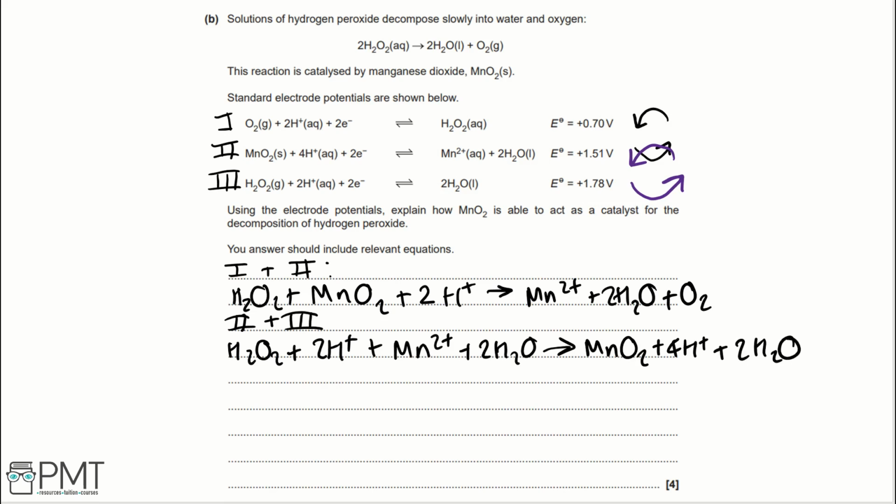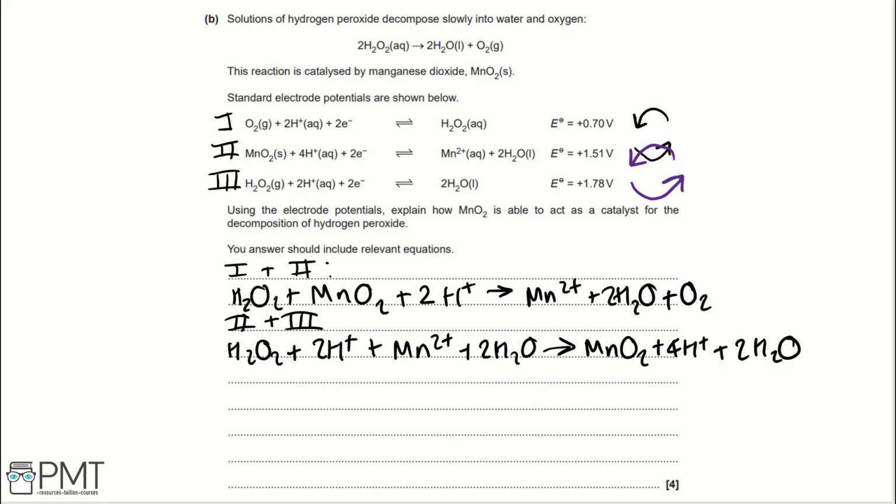I'm not writing the electrons here because we know that we're going to cancel them out, and if they were, say, 2 and 4, then you would need to multiply and scale up the equations, but that's not necessary here. We would end up cancelling them out anyway.